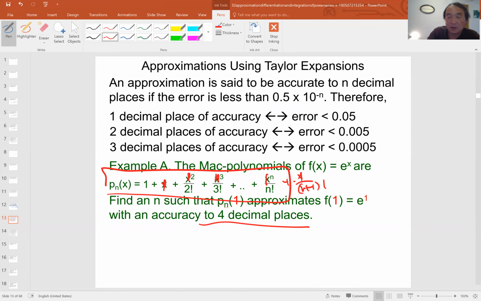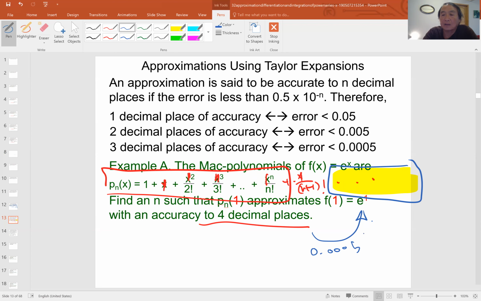Basically, this is all the tail end of the approximation. The question asks you to use the Taylor remainder theorem and tell me what degree the polynomial has to be so that you can guarantee that this part you omit must be smaller than 0.00005.